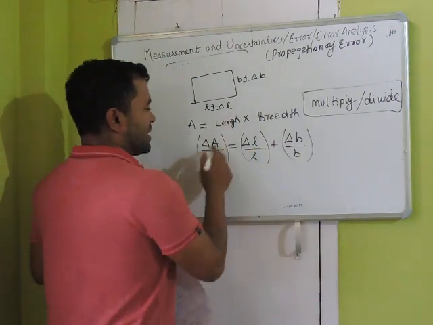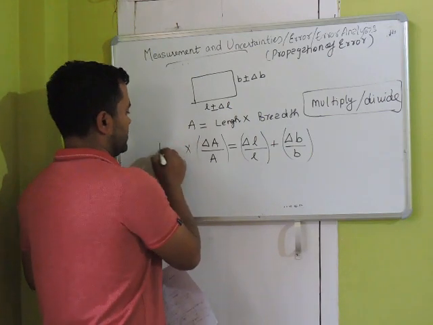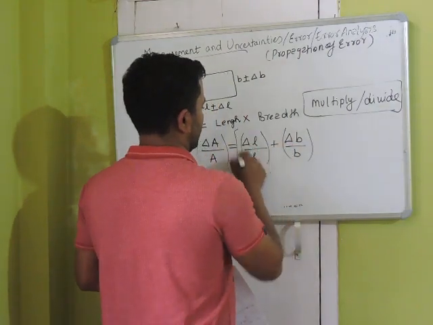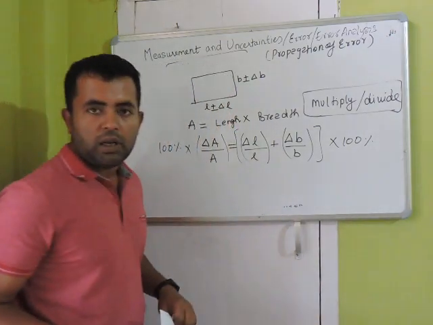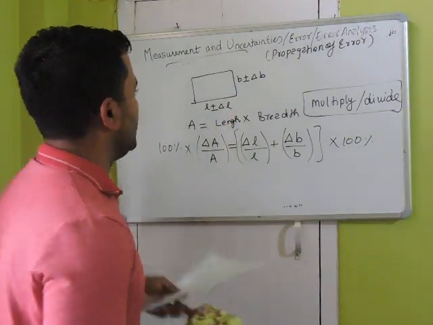Now for percentage error, you just multiply the whole thing by 100%, so that will be the percentage error. Now let us talk about the last concept, division.